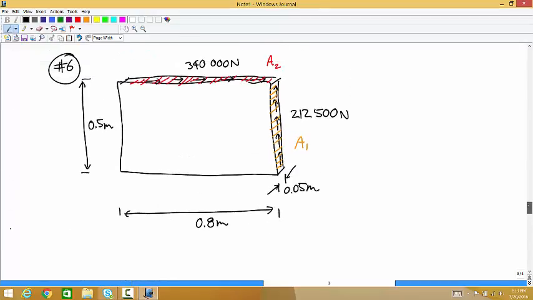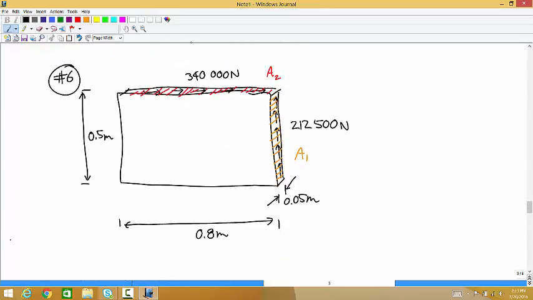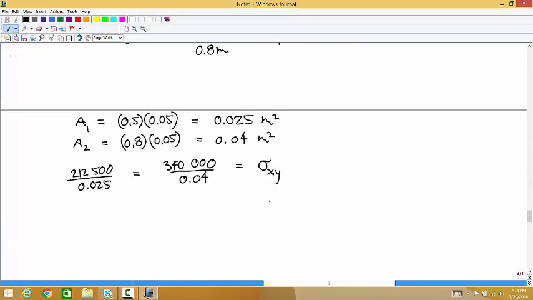And if you switch the order of these, if the 212,500 was on top and the 340,000 was on the side, it can't be in equilibrium. It would be rotating. What does this mean?